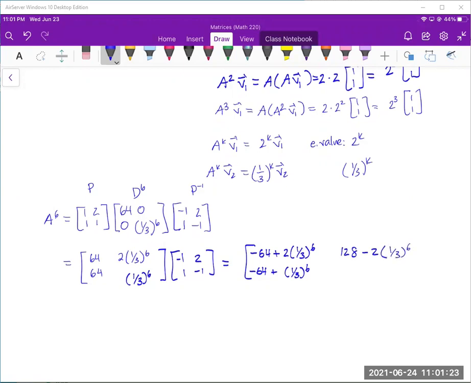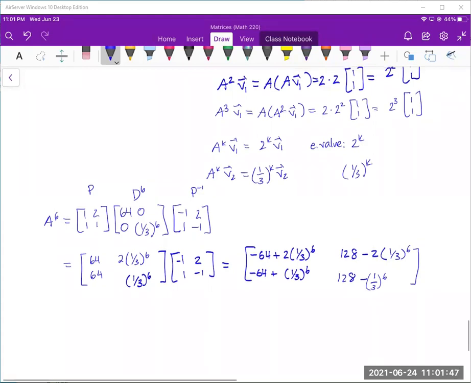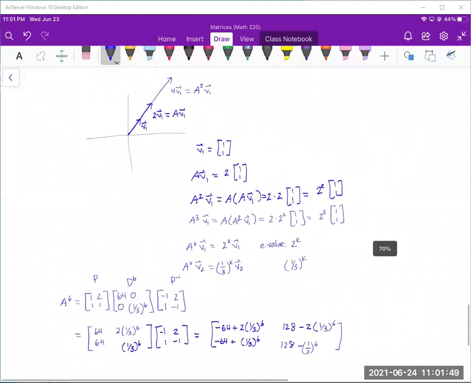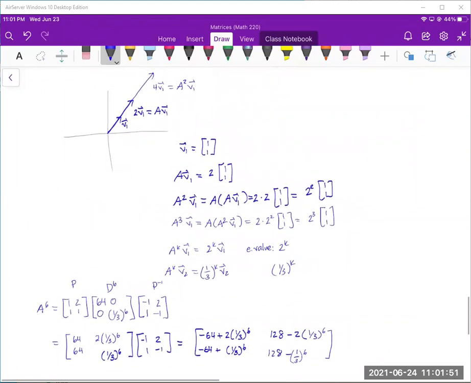And 128 minus 1/3 to the 6th. Okay, and so in very few steps, we're able to produce this big power of a matrix. Very good. Excellent. And we didn't really have to sweat very much for this.